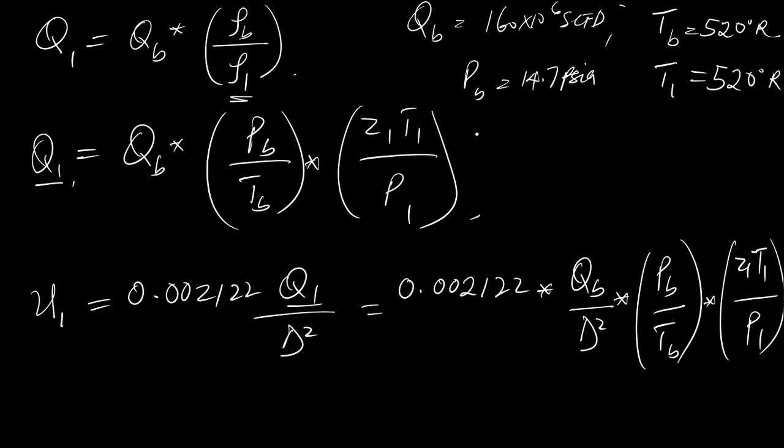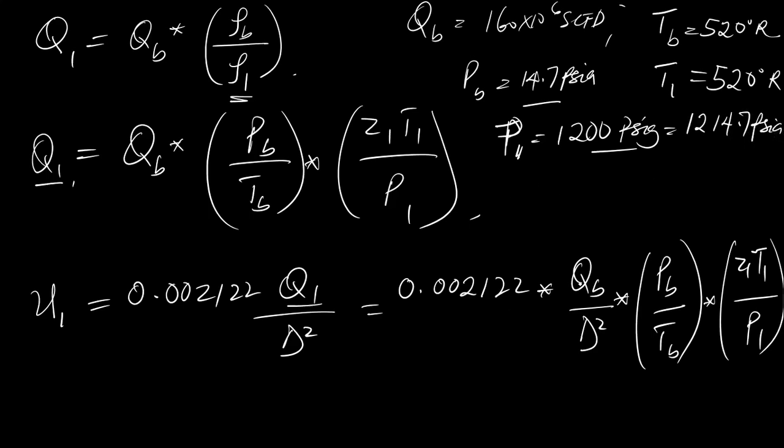We also know our P1 to be equal to 1200 psig. To change this psig to absolute, we add the base pressure to 1200, you have 1214.7 psia.